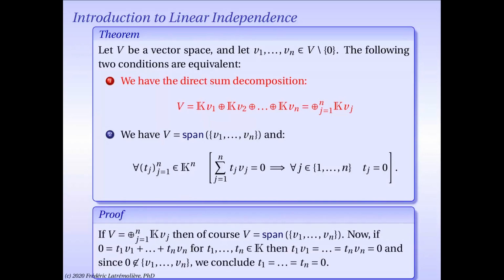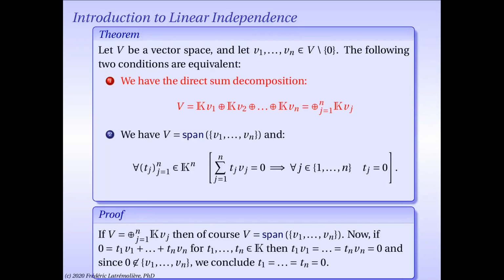So I'm going to prove this very important theorem, and what I'm going to do is highlight what I'm assuming and prove what is not highlighted. So first I'm assuming that my vector space is indeed written as a direct sum of the span of v1 with the span of v2, etc., with the span of vn.